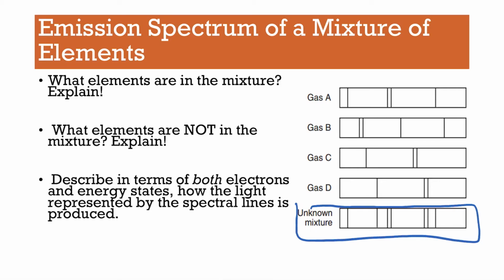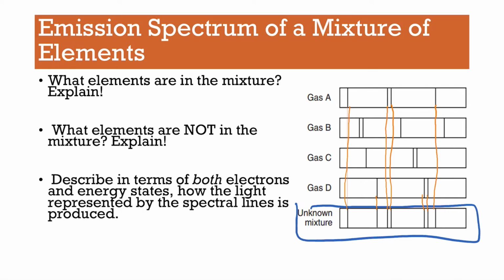So you take your pencil and trace it: that line comes from gas A, this line comes from D, this one comes from A, this one also comes from A, these two come from D, and this one comes from A.